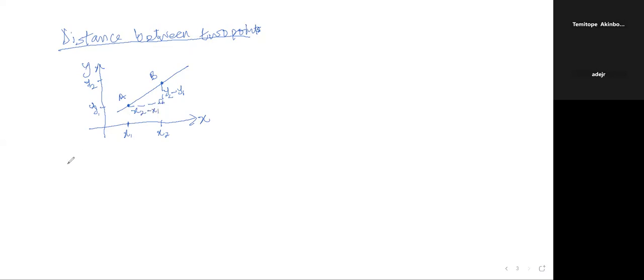So by Pythagoras theorem, I can say that the square of AB equals x2 minus x1 squared plus y2 minus y1 squared.